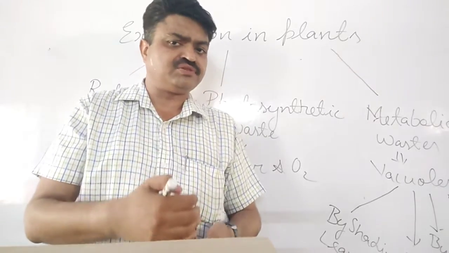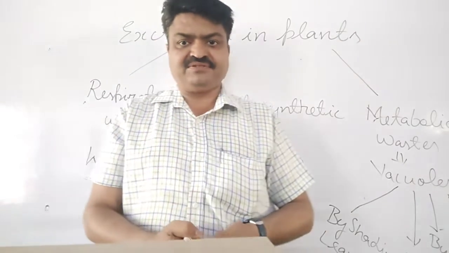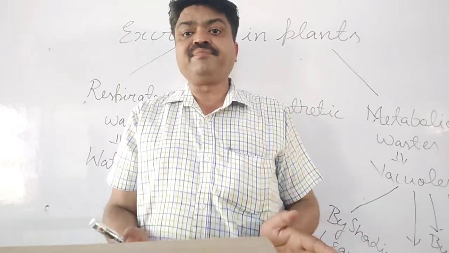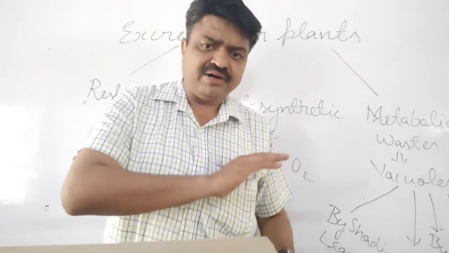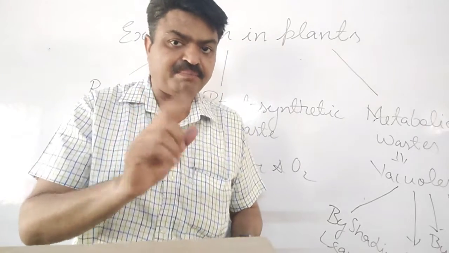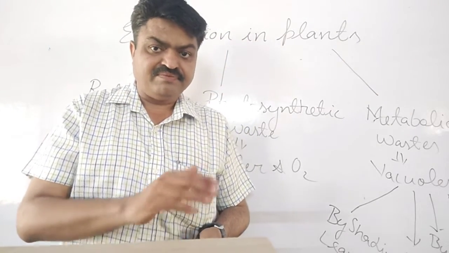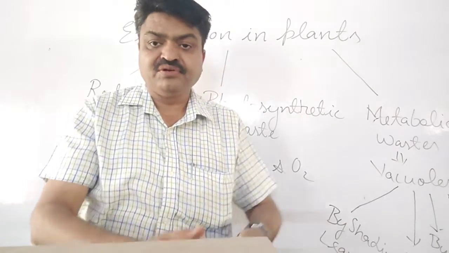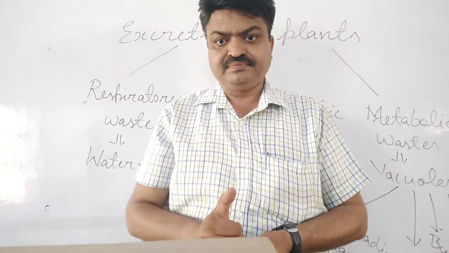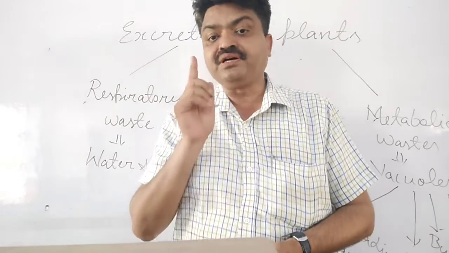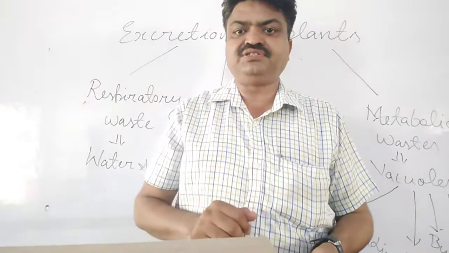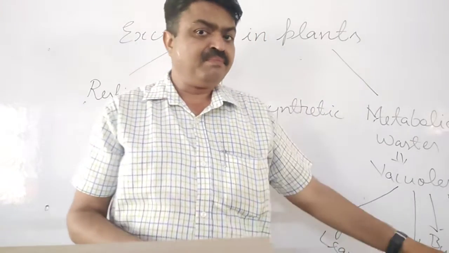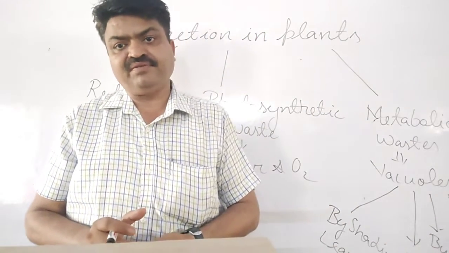Means the color of the soil is completely changed. Why, students? Because with the help of the roots, some waste material is also diffused by the plant. Means some waste materials are diffused around the roots, due to which the texture of the soil is changed. So by the roots also, students, plants get rid of the waste.